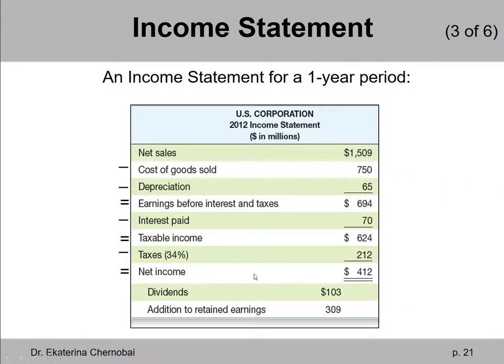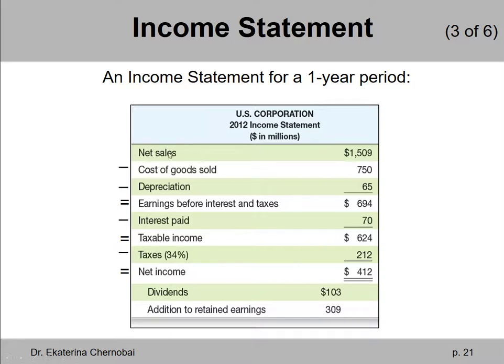This is an example of a rather simplified income statement. It always starts with revenues, also known as net sales. Sometimes this is called sales revenue or net sales revenue. And then everything that follows is with the minus sign. So that's all expenses.